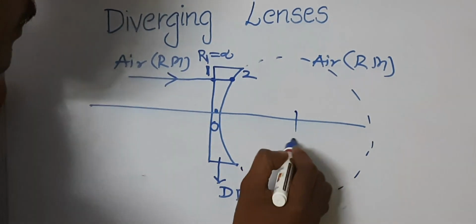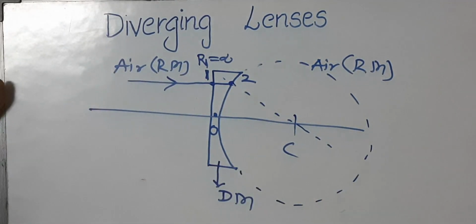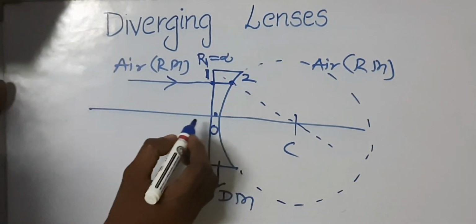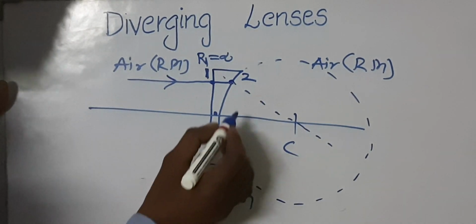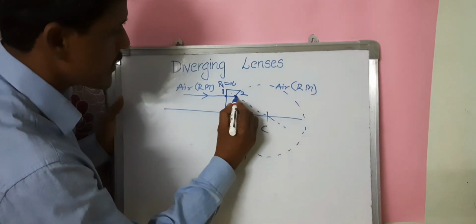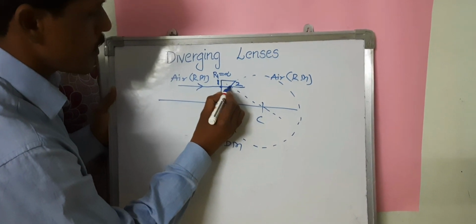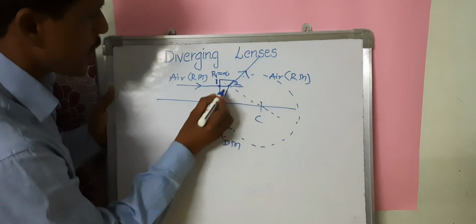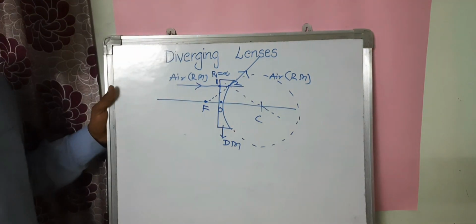It is a sphere, so I am drawing the normal which passes through the center of this sphere. At the second refracting surface, the light ray travels from denser medium to rarer medium, so it bends away from the normal. This is the normal, this is the actual path, so it deviates or spreads away from the normal, so it goes like this. If I extend, it meets at this point. This is the focus or principal focus.